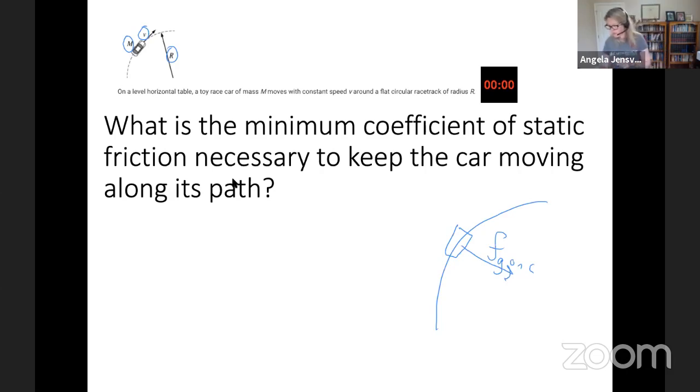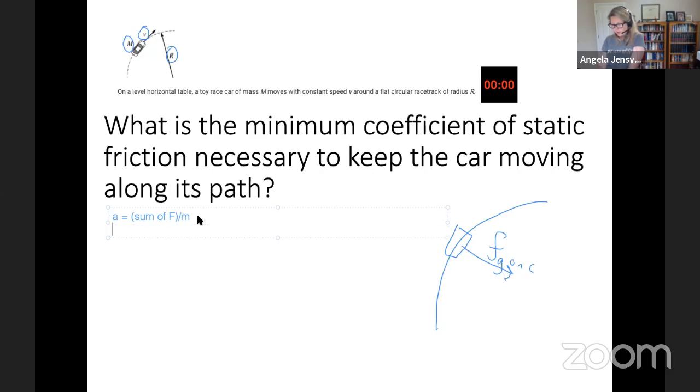Should we try typing this one out just to practice for the exam? We can. Let's see if we can do this. Okay, so we're going to do the same thing we've been doing. We're just going to type it. So we're going to start with Newton's second law, right? A equals the sum of forces, divided by mass.